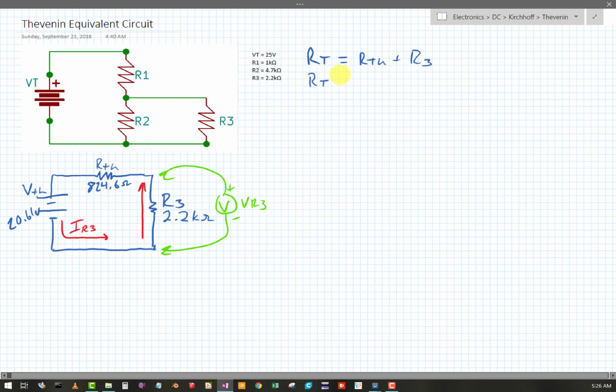You can see why I do clean sheets of paper, because I've labeled R total at least twice on two different pieces of paper here, and they mean different things. They're not related necessarily. Okay, so our Thevenin resistance was 824.6 ohms plus 2.2k ohms.